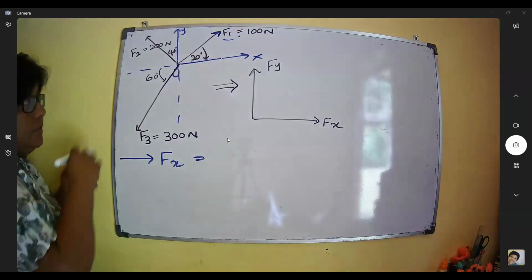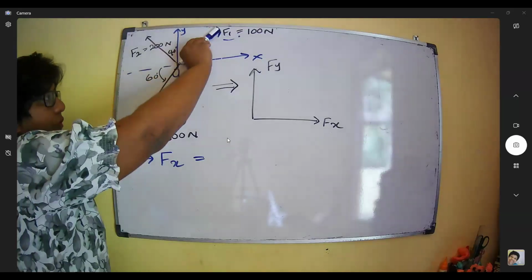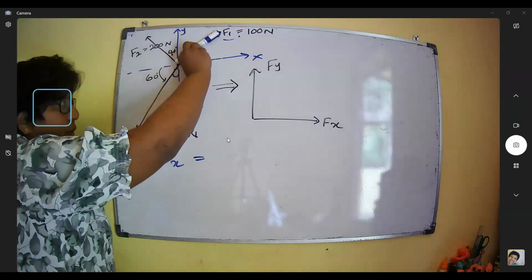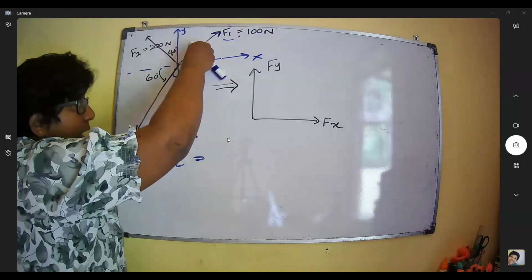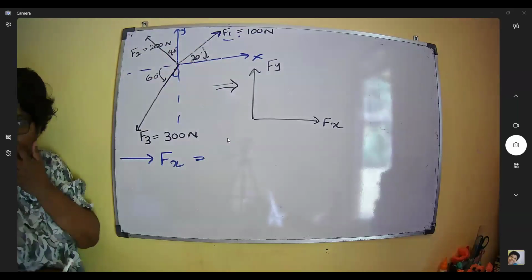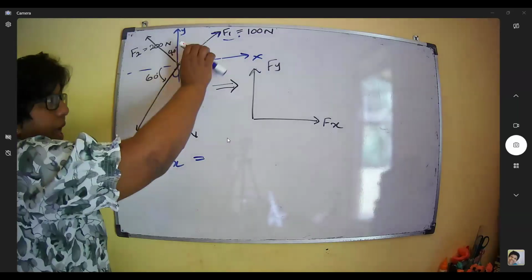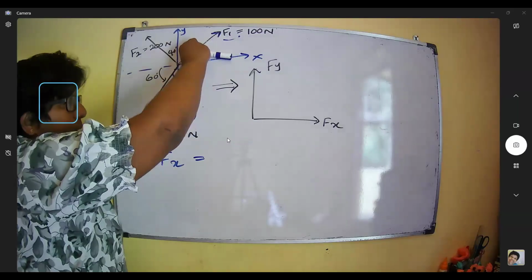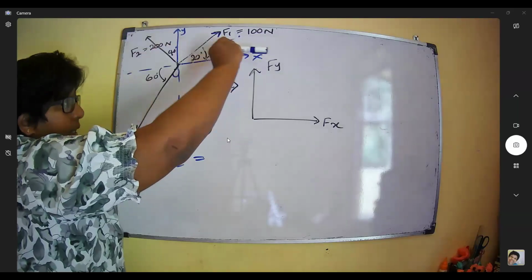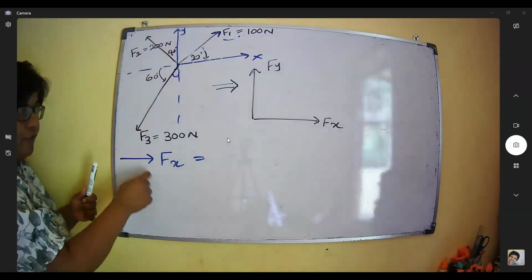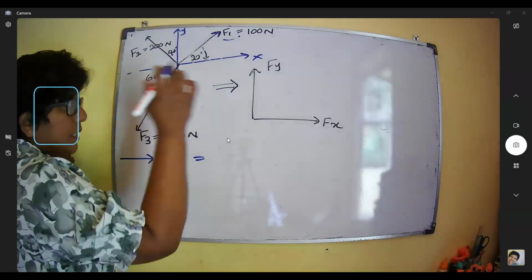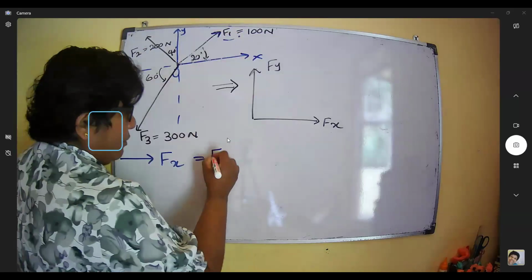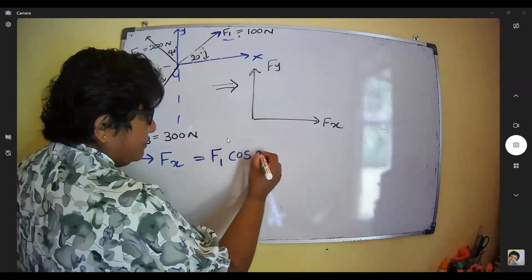Along the x-axis, we write F1 equals 100, and you can see the angle 20. I told you, if the angle is shifted, we take the cos value. Then F1 is shifted 20 degrees toward the x direction. So the component along the x-axis from F1 is F1 cos 20.